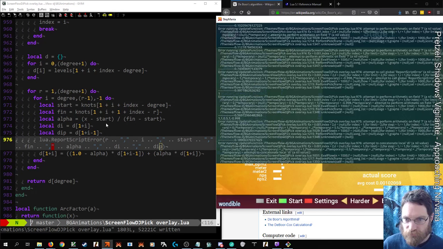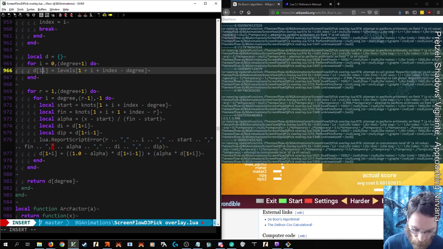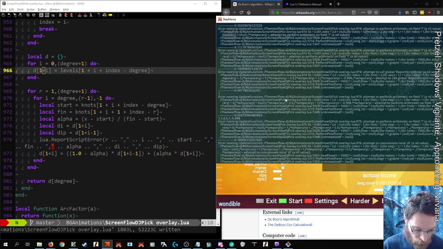Now hold this. Concatenate local DI and nil value. Oh, this needs to be a +1 too. I'm surprised you didn't complain about assigning to 0. But I guess they are just kind of tables.